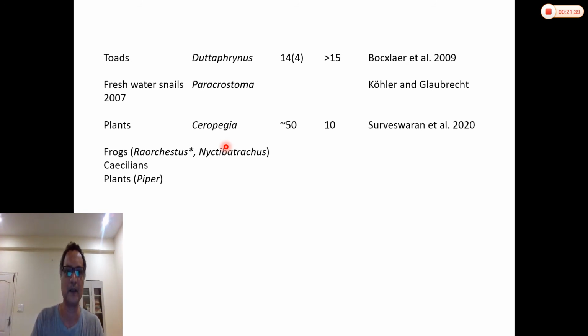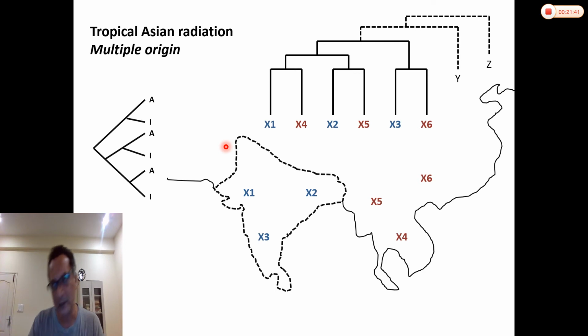Okay, what about the multiple origin hypothesis? Is there any evidence for that? There is plenty of evidence for the multiple origin hypothesis. Remember, in the case of the endemic radiation, you have a single origin followed by radiation.